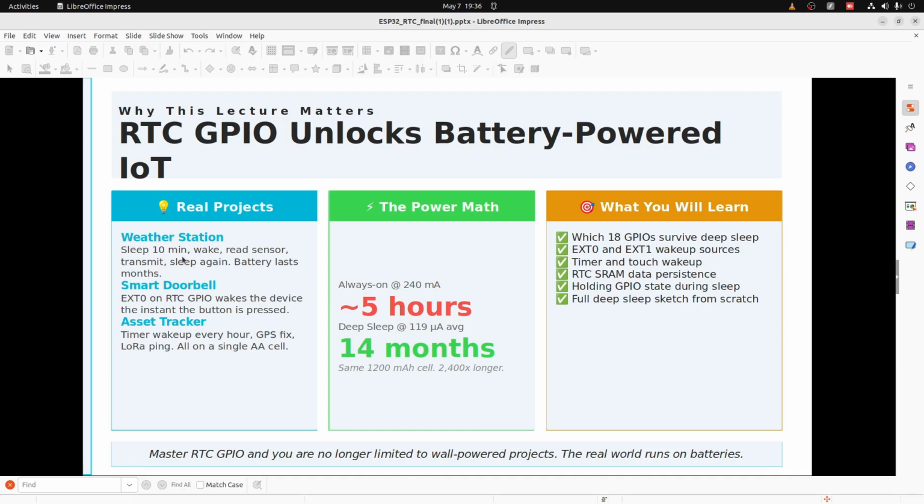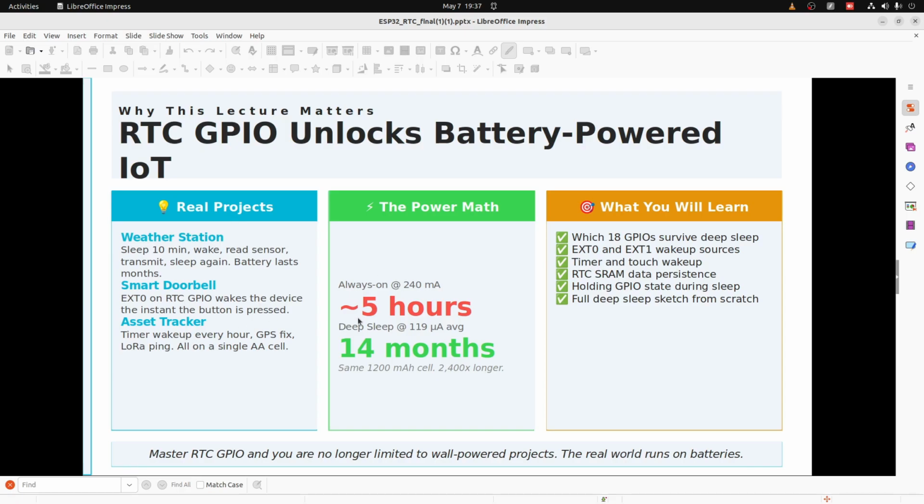A weather station that sleeps for 10 minutes, wakes up, reads a sensor, sends the data and goes back to sleep. A smart doorbell that sits in deep sleep but wakes up the instant someone presses the button, thanks to an RTC GPIO wake-up. An asset tracker that pings its location every hour, all running on a single cell.